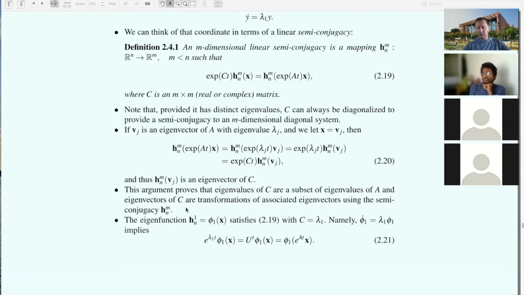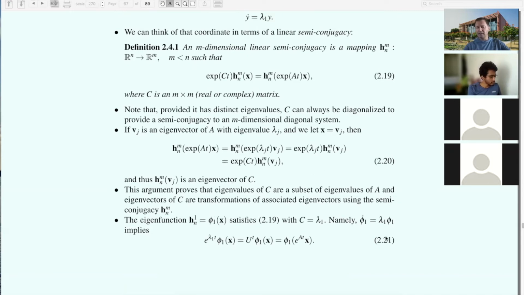And now, as I already kind of pointed out, if you just take H_n1, so the semi-conjugacy, to be phi1, that in fact defines a proper semi-conjugacy. The reason being that your matrix, in this case, is just going to end up being the scalar eigenvalue lambda 1, because we know that phi1 dot is lambda 1 phi1.